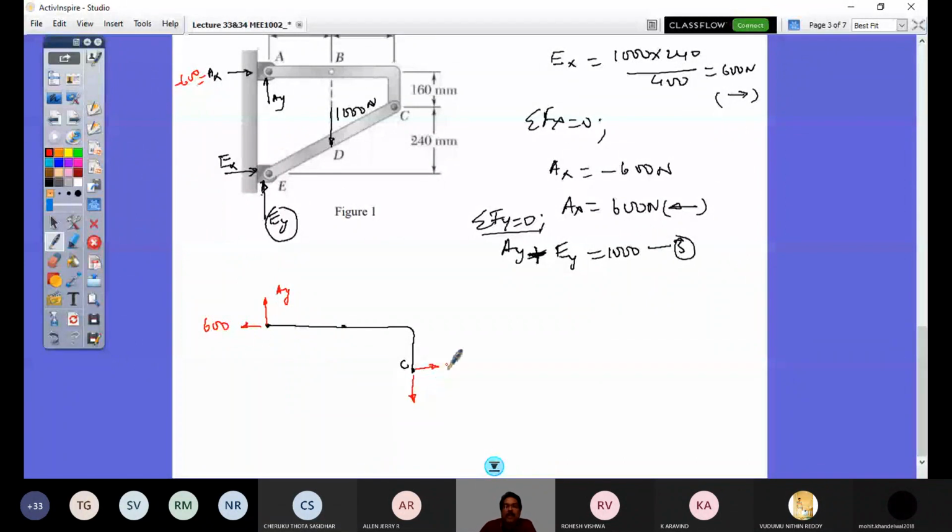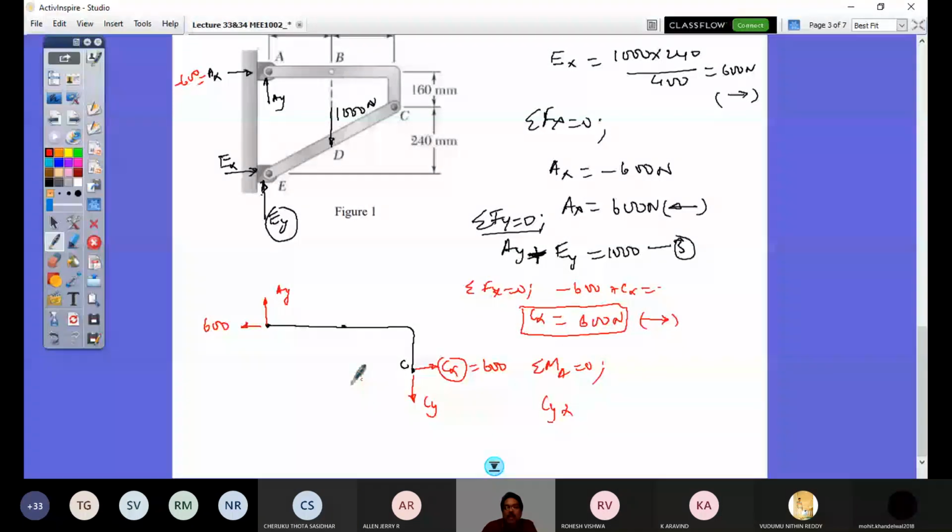This comes from the equation sigma Fx equal to 0. If I apply that, minus 600 plus Cx equals 0, so Cx is 600 Newton. Now Cy I can get by taking moment at point A. Taking moment at point A equating to 0, I would have Cy into this distance, which is 480, minus 600 into this height, which is 160. Look at this dimension, 160, that's equal to 0.